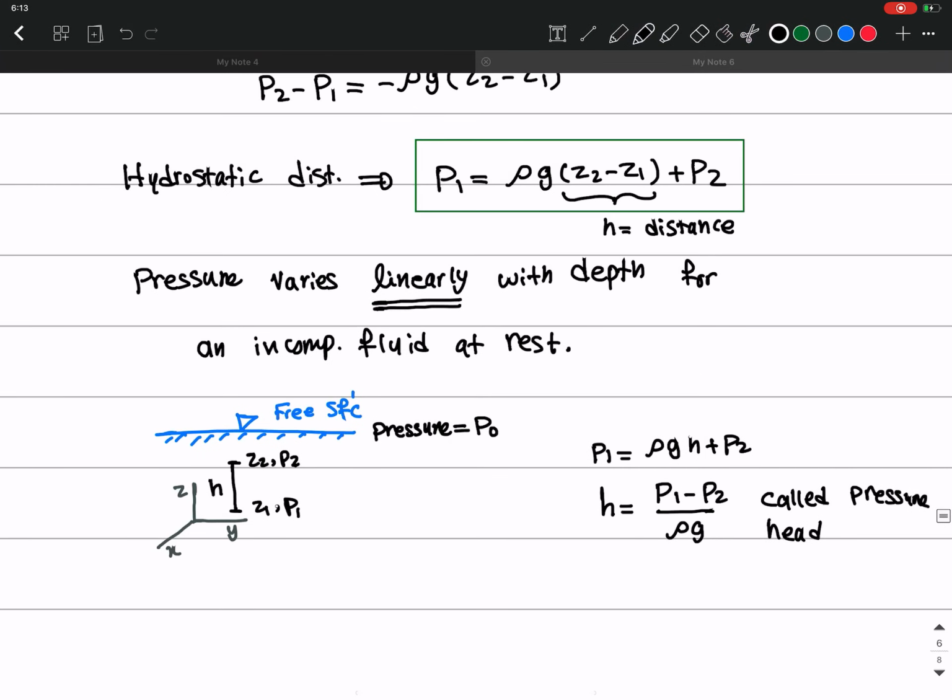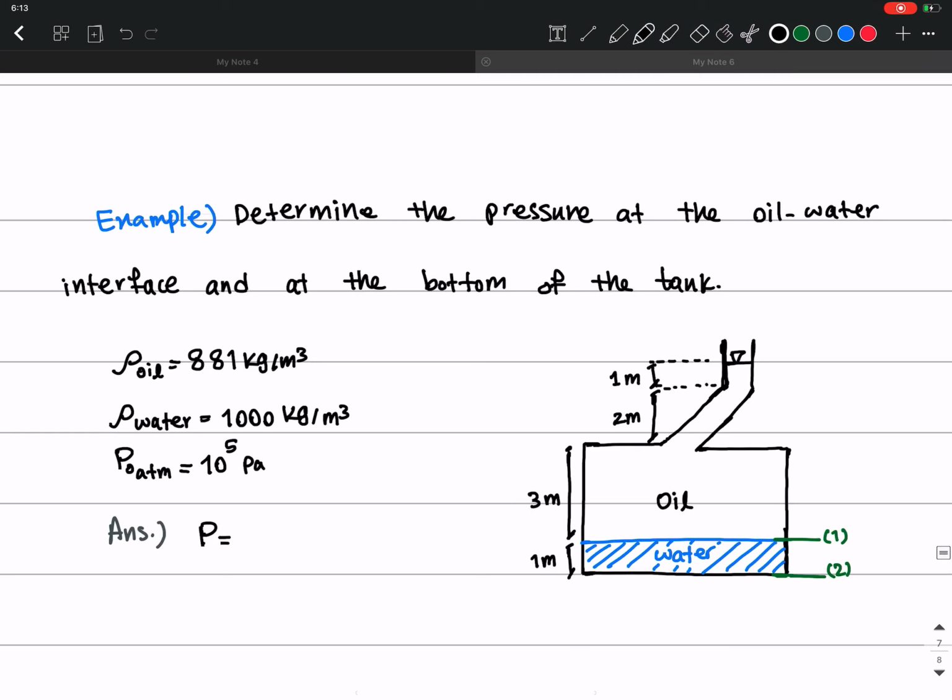At the free surface, the pressure is going to be P0. So for any point, for example P1 or P2, the pressure is going to be rho G H, the height of the fluid, plus atmospheric pressure P0.